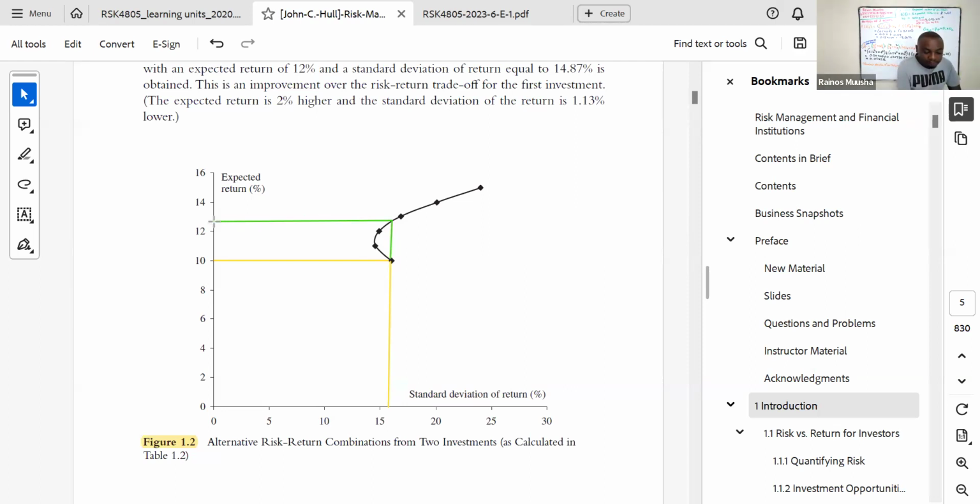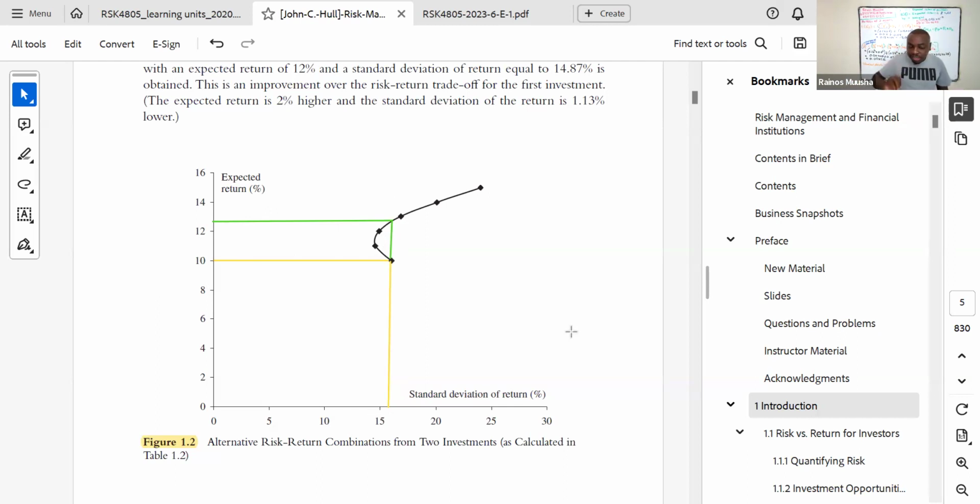Remember we said for every investor, their goal is to maximize the return for a given level of risk. So for this given level of standard deviation, which is a risk measure here, we are better off investing at this point and getting this return than investing at this point and getting this return. Because there is no point in taking the same amount of risk but getting lower returns, isn't it?